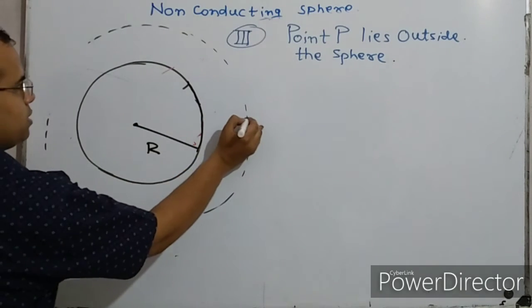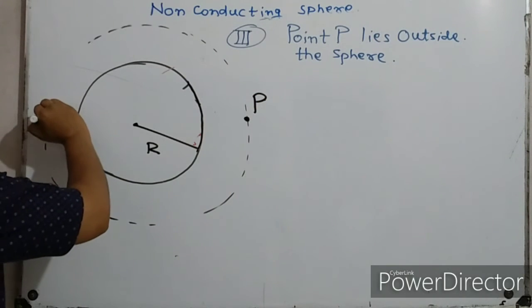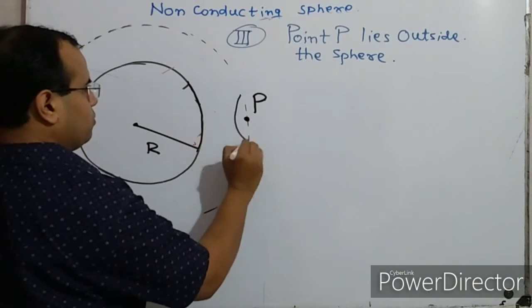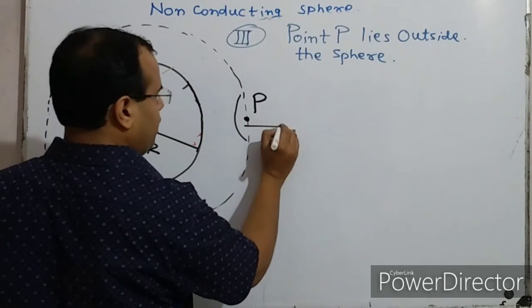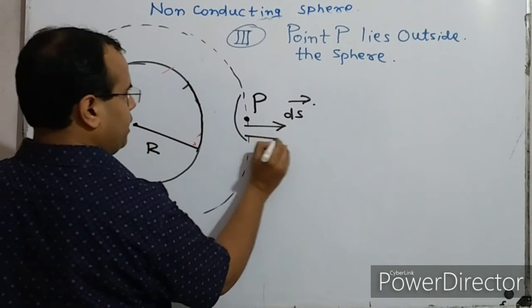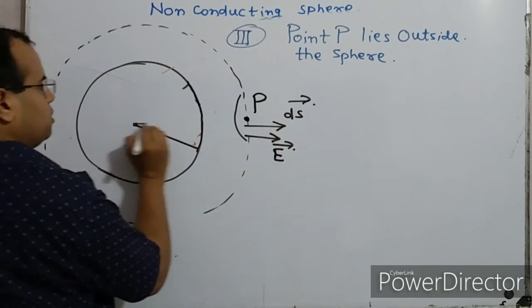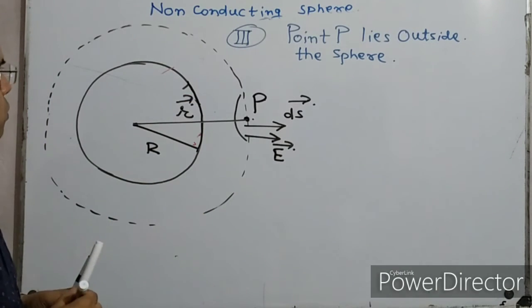And when point P is lying outside, the Gaussian surface which you will draw here will be a sphere like this. Now at this point, the area vector is ds vector and the electric field vector is E vector. Let this be at a distance small r.